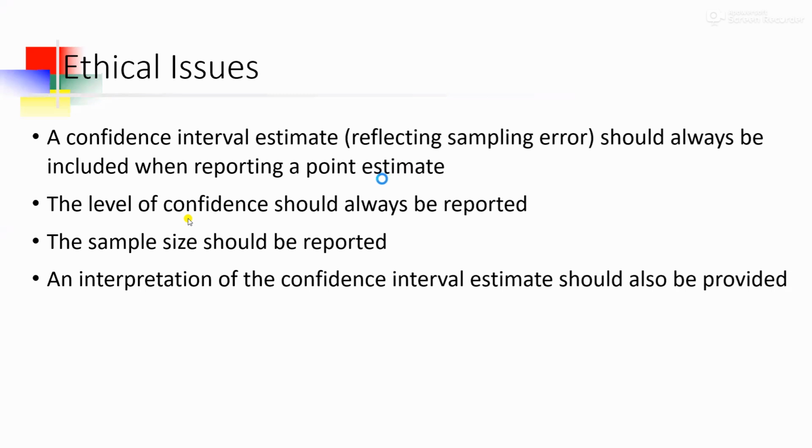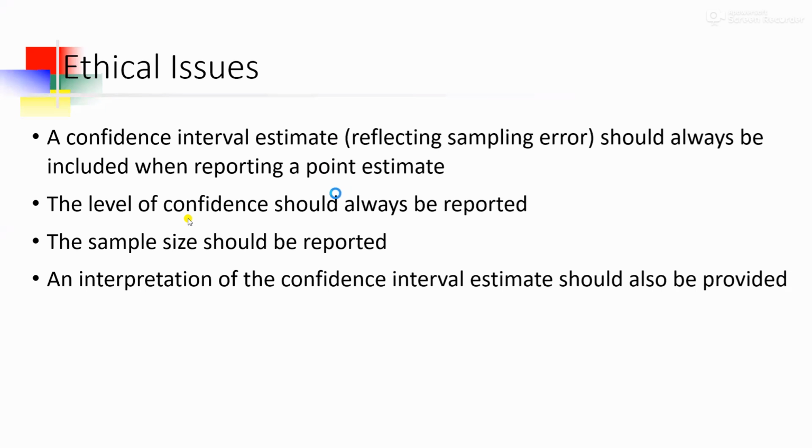But the point estimate does not reflect the sampling error, while this confidence interval estimate does. So it should always be included when reporting the point estimate. If you are reporting a point estimate, we also have to report the interval estimate, right?